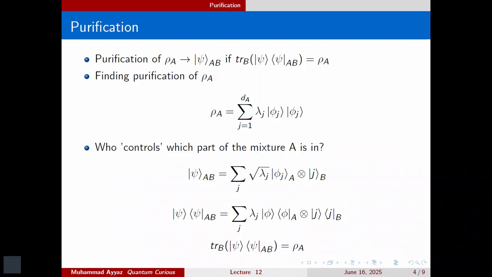As long as they are unitarily related, we can build the purification of state rho A using any of those bases. So purification is not unique, as long as we have unitarily related eigenbases.